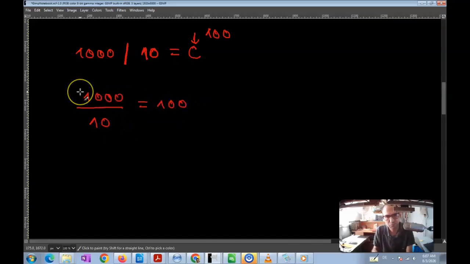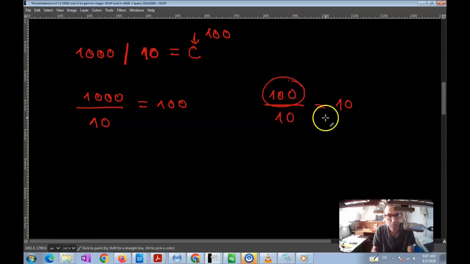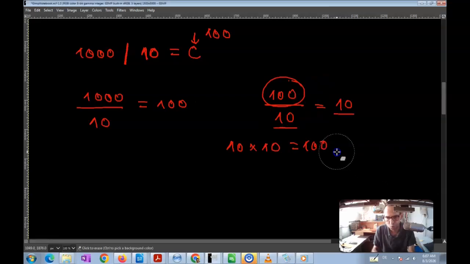And by the same logic, for example, 100 divided by 10 would also be 10, because this numerator is supposed to be the product of these two numbers. Now you know that 10 times 10 is equal to 100, so of course 10 is the correct answer, right?